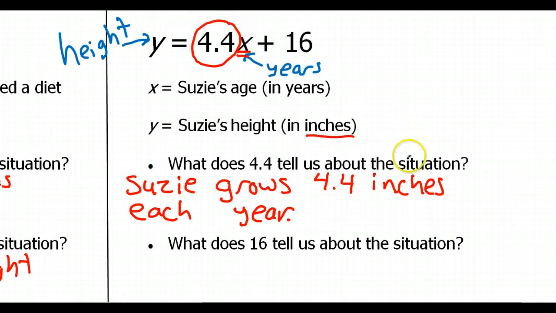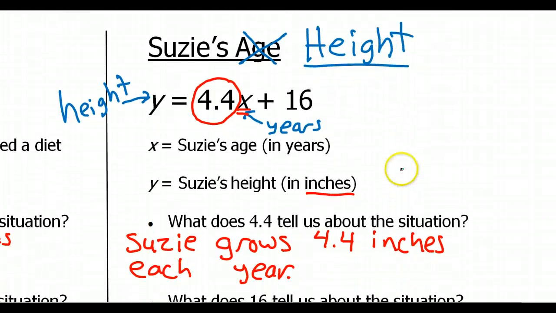Now let's be careful about this. X is supposed to be Susie's age in years, and overall this is giving us Susie's height in inches. So, what was Susie's age on the first day she was born?